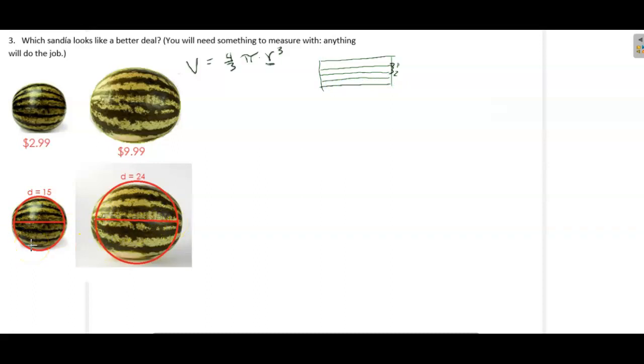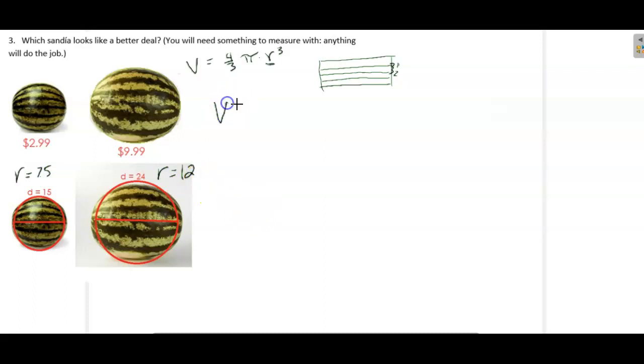So you can use anything you want to measure as long as you use the same type of unit for the small as for the big. So this one has a diameter of 15, and this formula of course uses the radius. So I'm going to note that the radius here must be 7.5 of whatever unit, and the radius here must be 12.